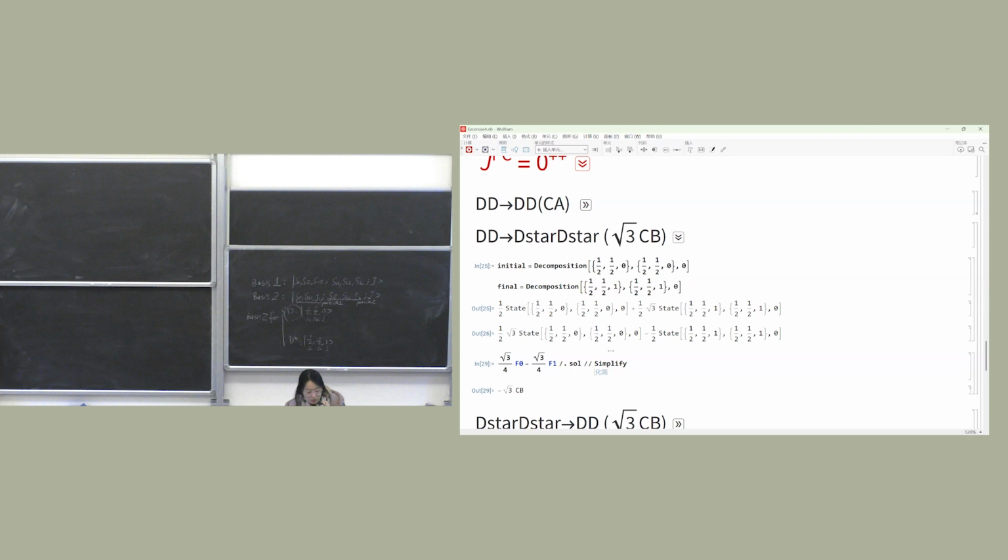After decomposition, the same as before, the final result is this one. Here we find that there is a minus sign compared with the answer given in the slide. It doesn't matter, because we can redefine the state by a minus sign.